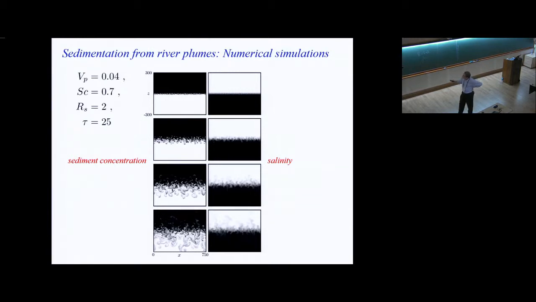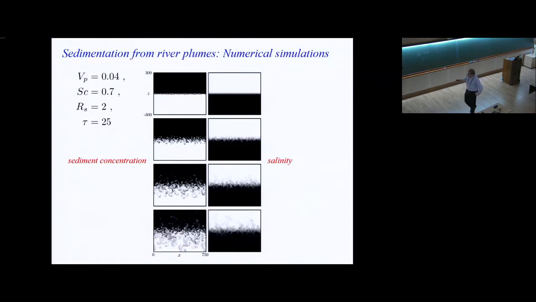And so in the beginning you see here we have all the sediment in the top half, all the salinity in the bottom half, and then we see already this instability developing along the interface here. And now as time goes on, we see these small growing fingers become larger and larger plumes. They start to interact with each other, they form collective motion, and eventually they extend across much of our flow field.